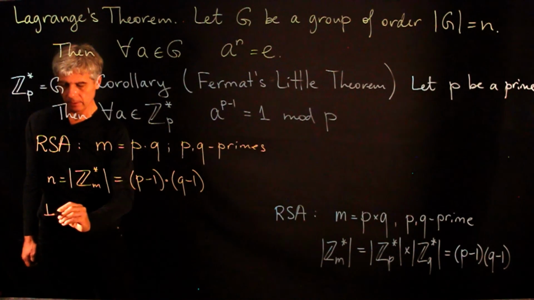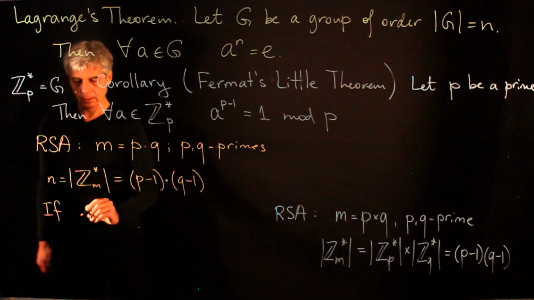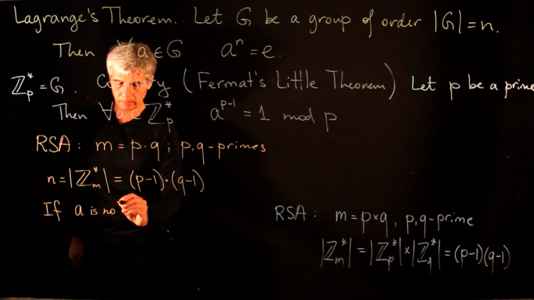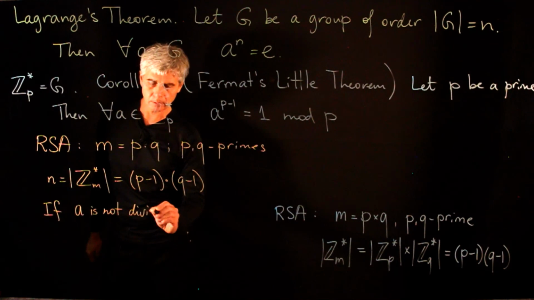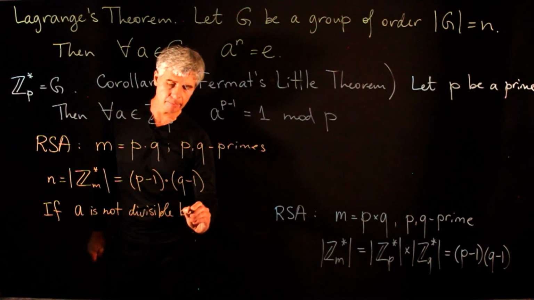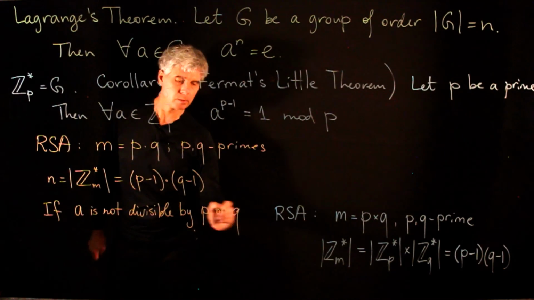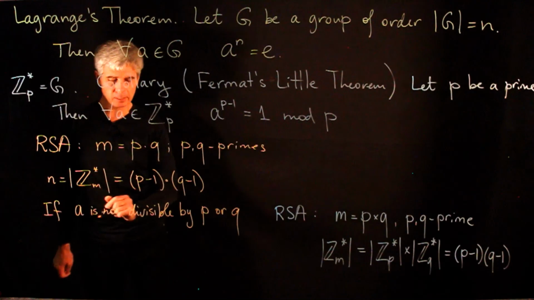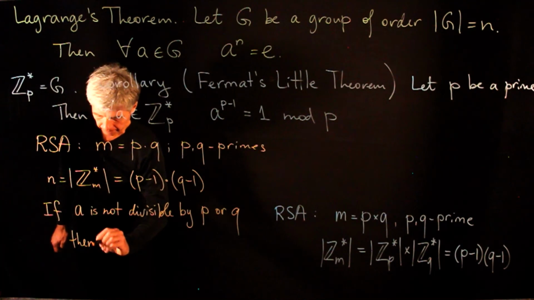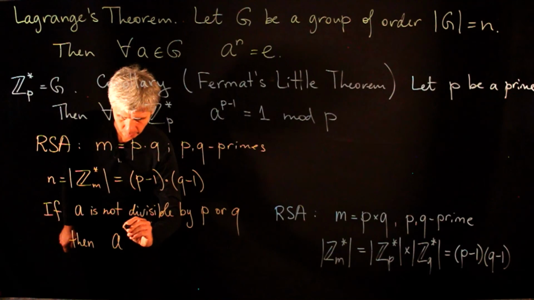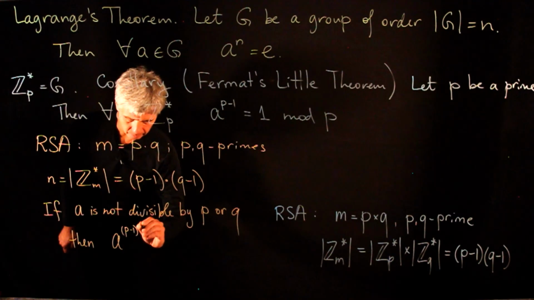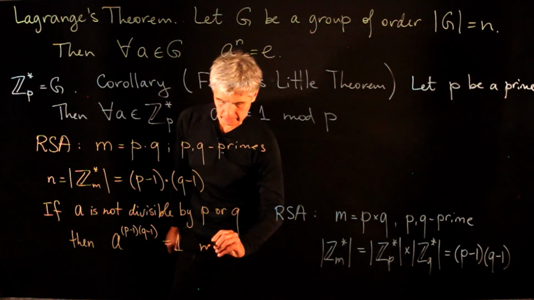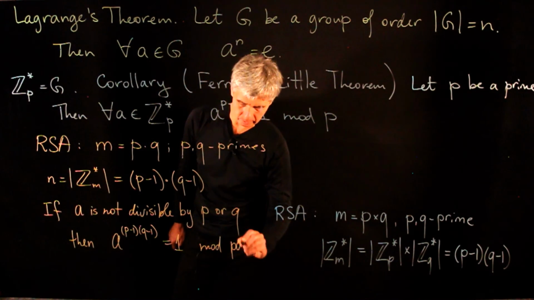If A is not divisible by P or Q, so this means that A is an element of Zm multiplicative, then A to the power P minus 1 times Q minus 1 is equal to 1 mod PQ.